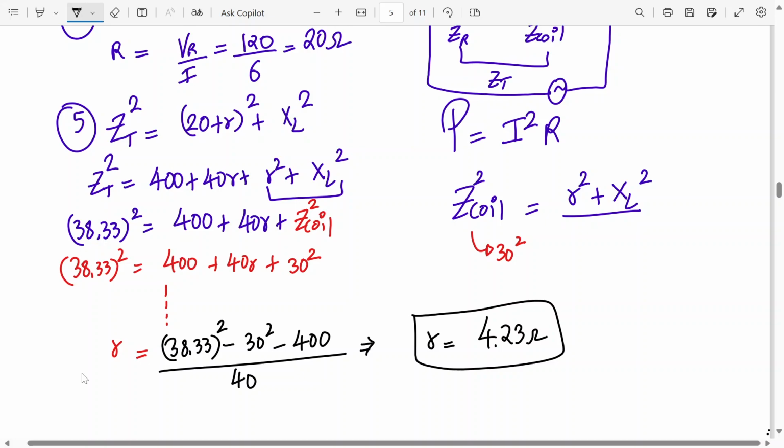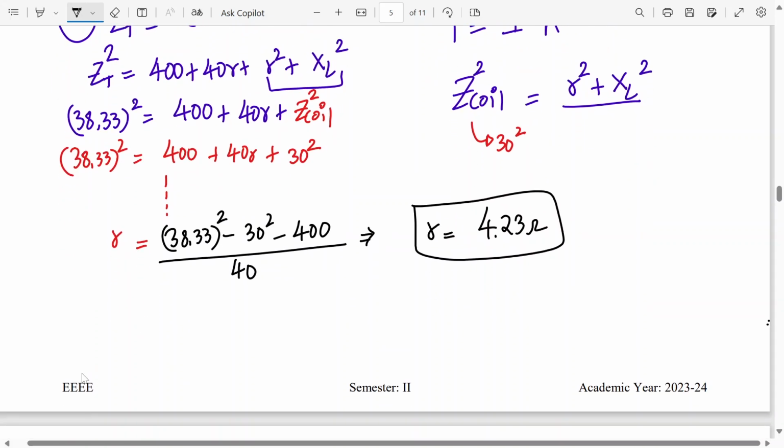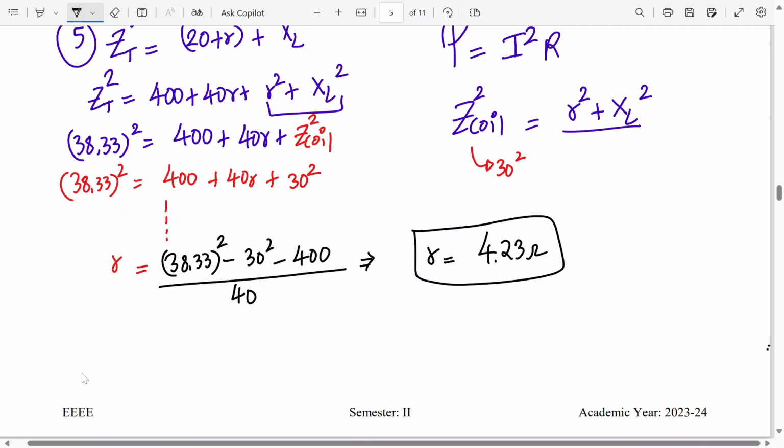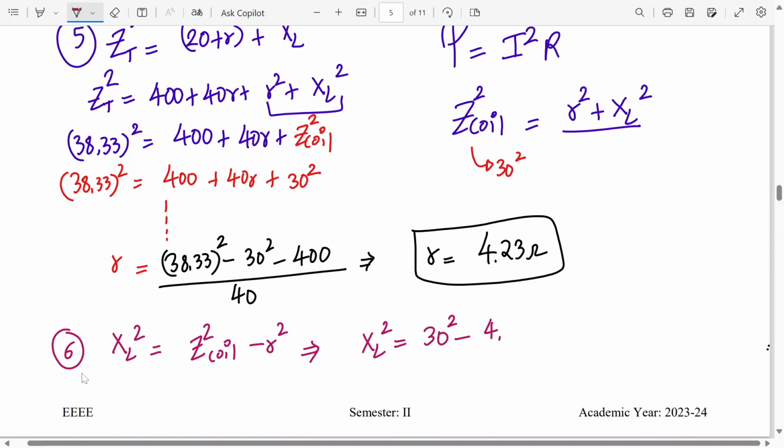Now how will you find L, XL? From here, XL square is Z coil square minus R square, right? Z coil is how much? 30 square minus R square, which is 4.23 square. Calculate this and calculate XL.